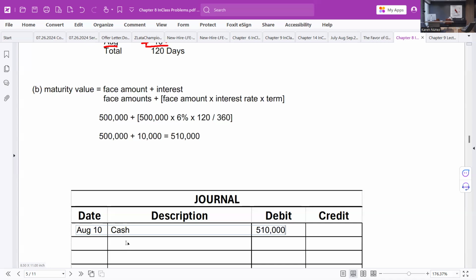And we want to make sure that we remove the note, the face amount. We have a note on our books that we need to remove, a $500,000 note. And we've got to recognize that we've earned some interest, $10,000 of interest.